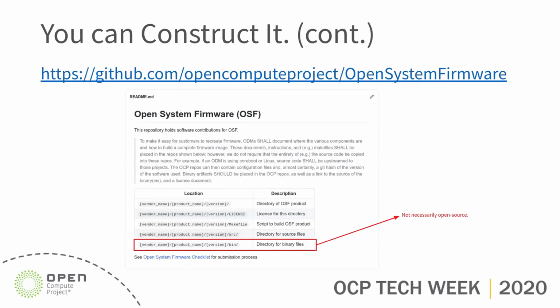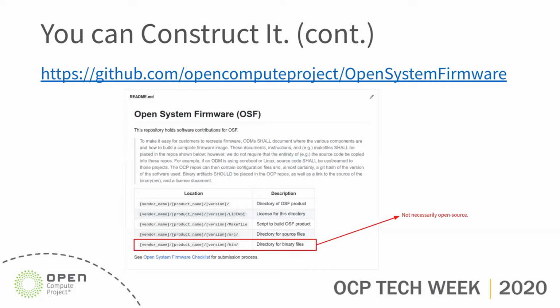All right, so the Open Compute Project set up a Git repository for open system firmware with the following structure. Each submission would be under a vendor, product, and version triplet in that directory structure.